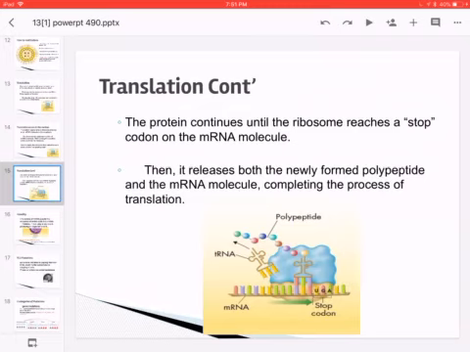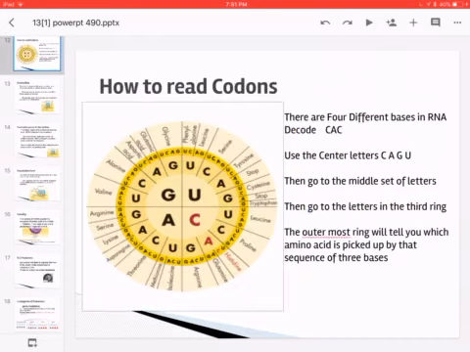So if you go back to this slide and you look at the very outer ring where the amino acids are, you're going to see the word stop in the upper right-hand quadrant. It says tyrosine stop, cytosine stop. Okay, so that is a codon that's specifically coded for the word stop. That tells us where the protein is going to stop.